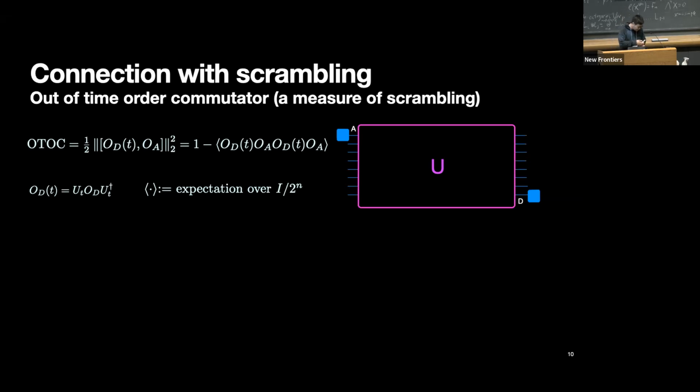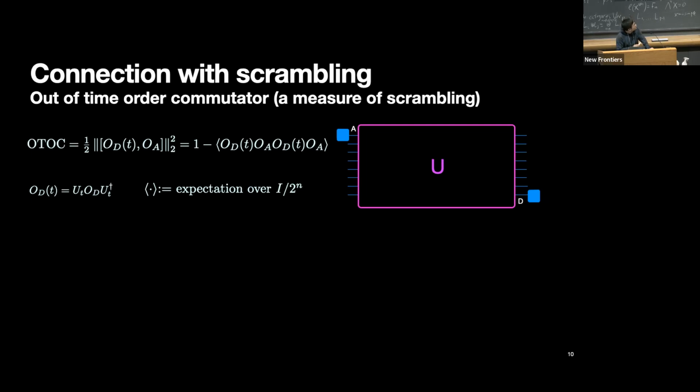Here, A and D are two subsystems of the n-qubit system. And here we take both A and D to be single-qubit systems. And for simplicity, we fix D to be the last qubit. And we take A from the remaining n-1 qubits uniformly at random.